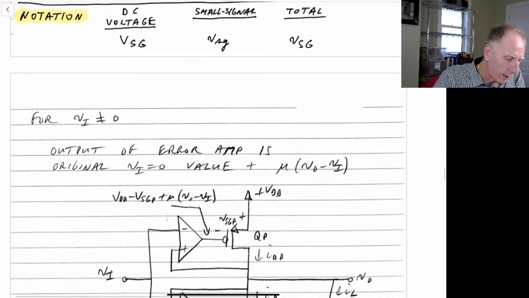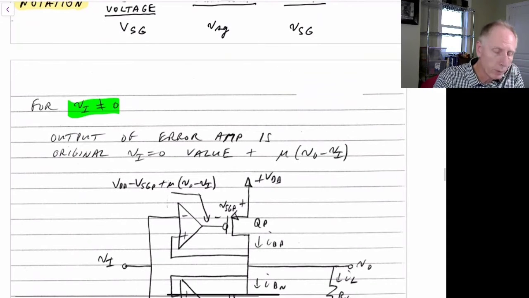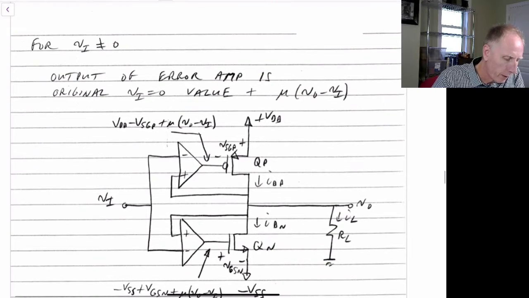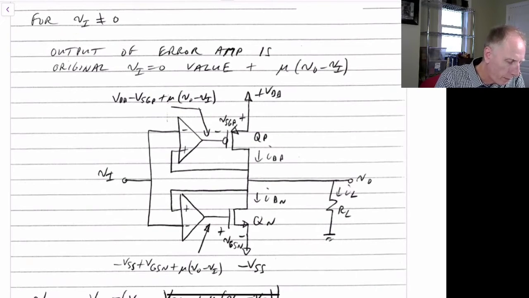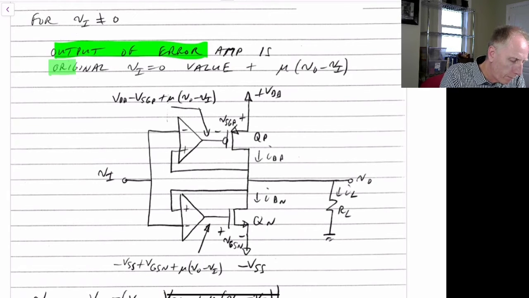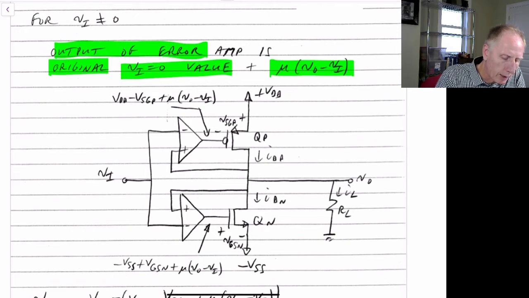Now, we want to look at the case where VI is not equal to 0 and the output is also not equal to 0. So what we can say is that the voltage at the output of the error amplifier will be the original voltage value plus the small signal change.